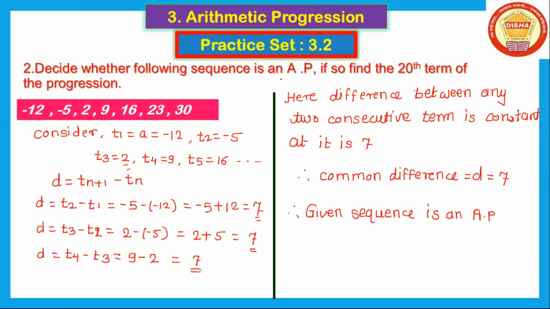First, we have to decide whether it is an AP or not, and we decided here it is an AP. Then what is next? If so, find the 20th term of the progression. Means here we have to find the 20th term, so we use the formula of Tn. We solve this second sub-question on the next slide.